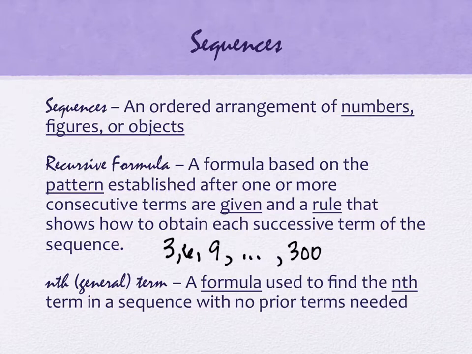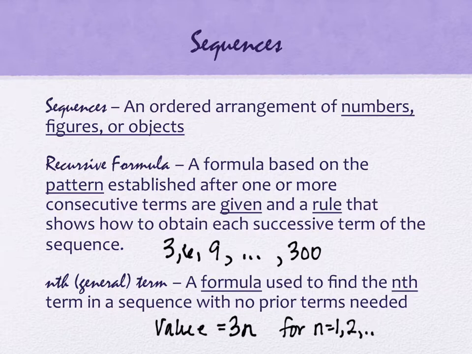Our value, let's see, a sub n, is 3n, for n equal to 1, 2, and so on. So if you wanted to know, for instance, the 10th term of the sequence and you had this formula 3n given, you would say, well, 3 times 10 is 30. That's the 10th term of the sequence.